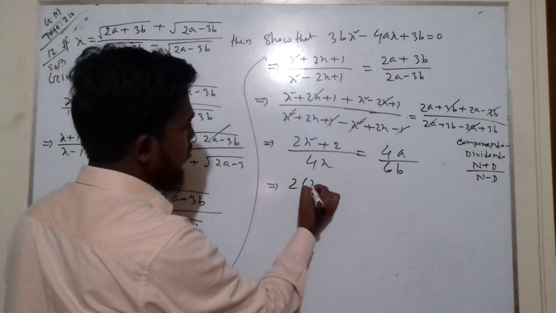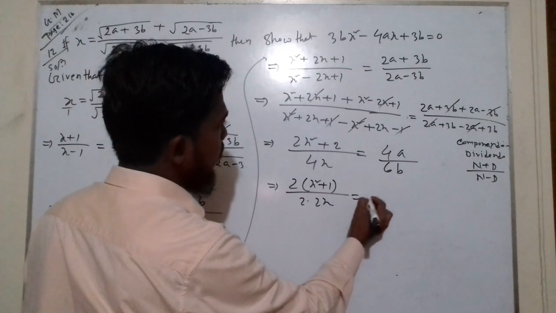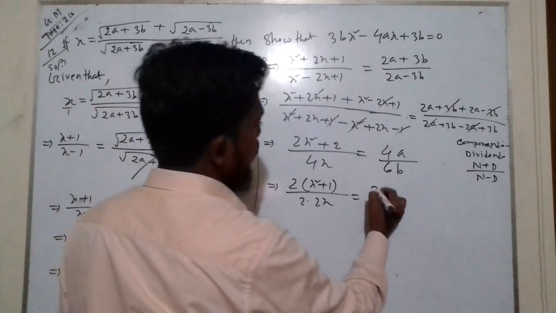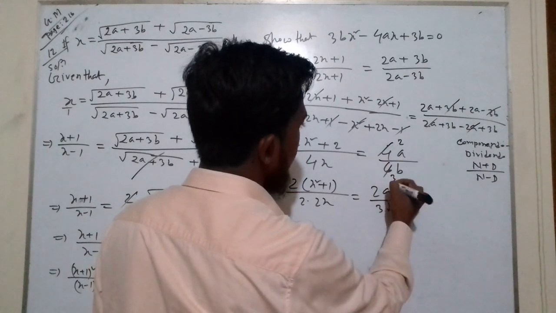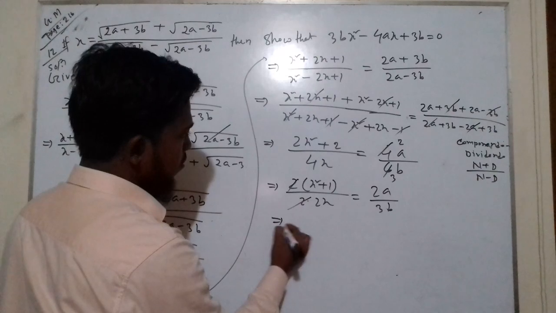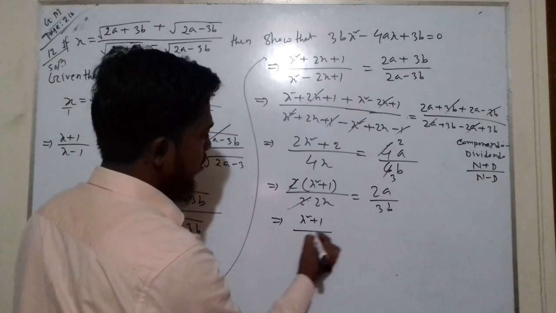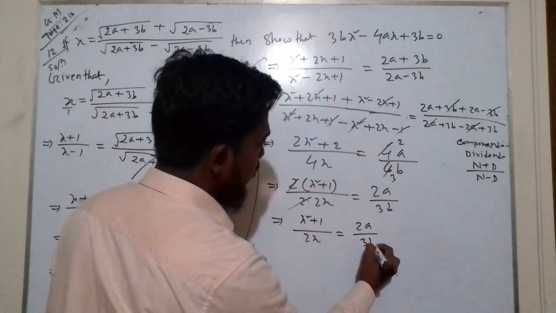So 2 into x square plus 1, 2 into 2x equals 2a divided by 3b, 2, 3. 2 upon 2 cancel. So x square plus 1 divided by 2x equals 2a divided by 3b.